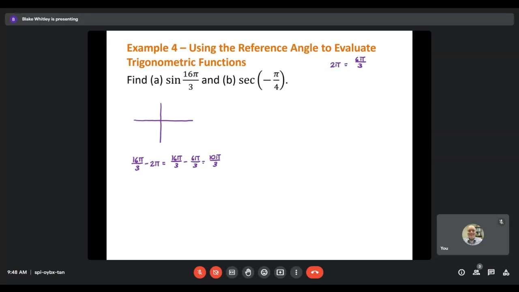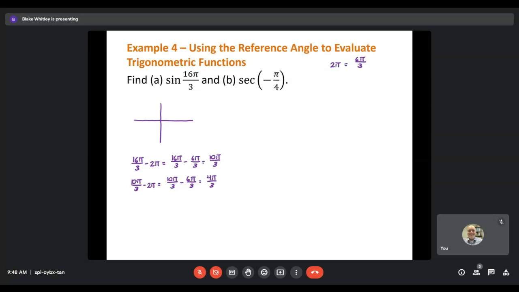And so we're going to subtract off another full revolution. 10 pi over 3 minus 6 pi over 3. And that's 4 pi over 3. Now, 4 pi over 3 is smaller than 6 pi over 3. We're within one full revolution now, so we should be okay.